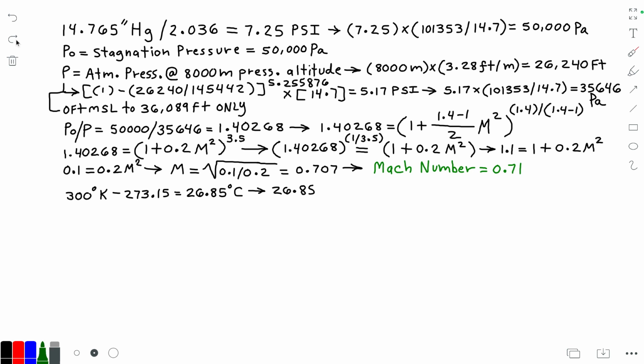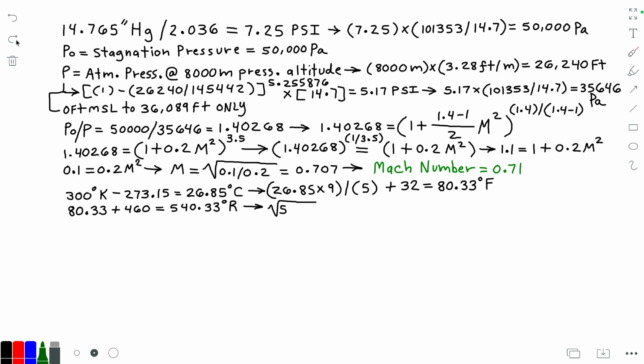Assume that we are flying through some strangely higher air temperature, like 300 degrees Kelvin. We can subtract 273.15 from that value to compute 26.85 degrees Celsius, and then multiply it times 9, divide it by 5, add 32 to compute 80.33 degrees Fahrenheit.